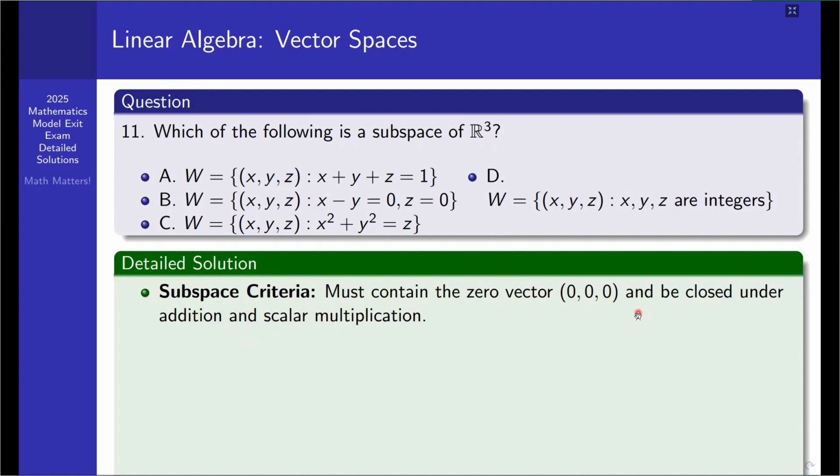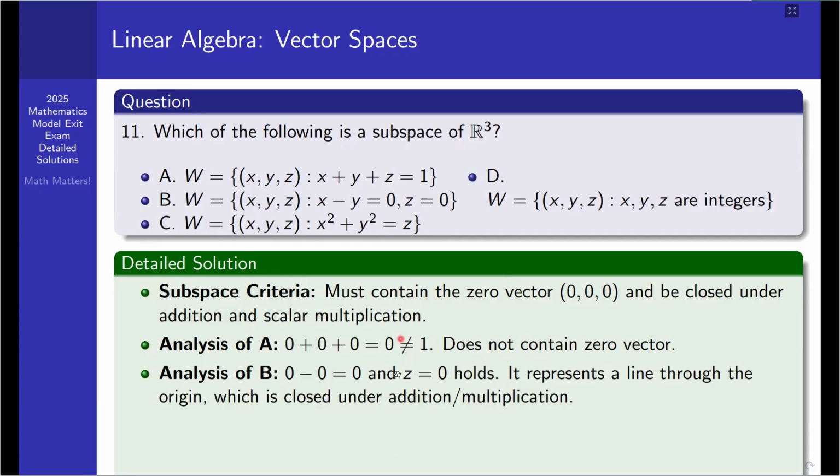When we analyze, for example, the first one, if you check the inclusion of 0, 0, 0 within this one, whenever x, y, and z are 0, it becomes 0 plus 0 plus 0 is equal to 1, which is different from 0, so that it does not contain a zero vector. Therefore, A cannot be a subspace of R cubed.